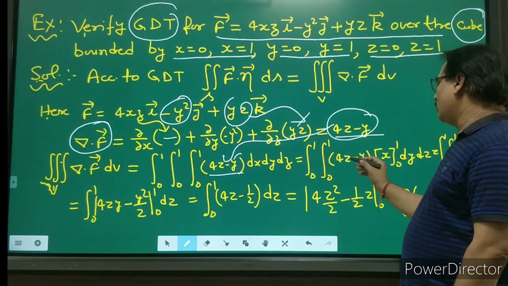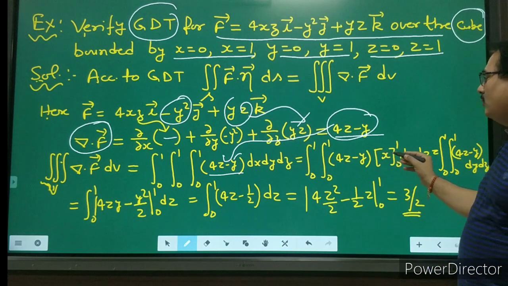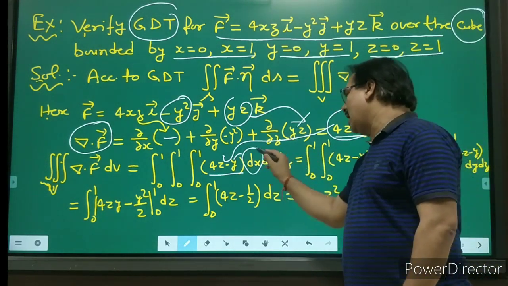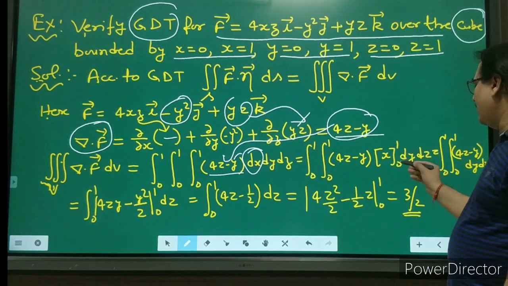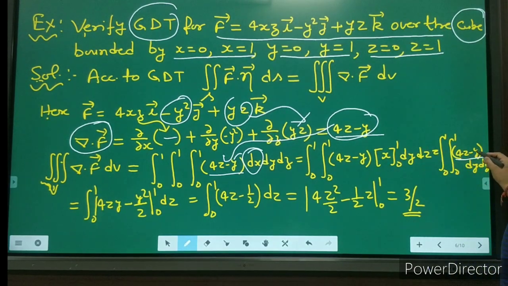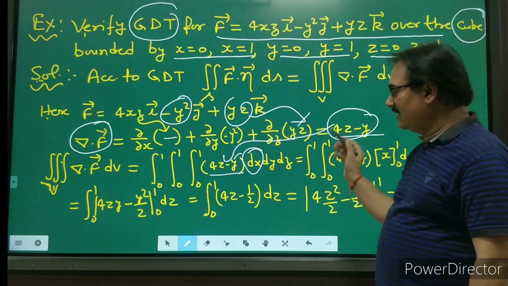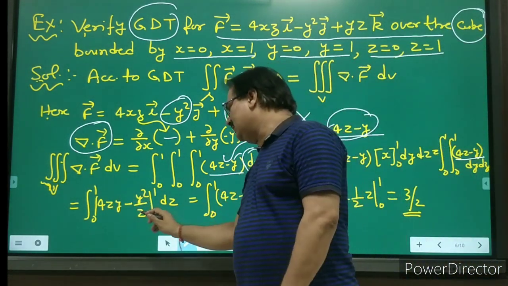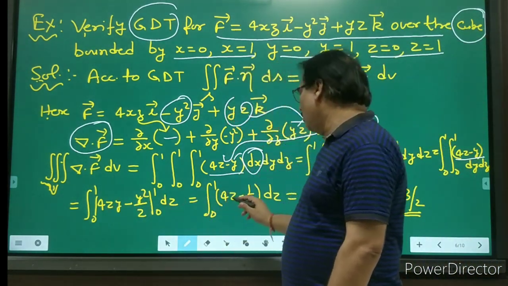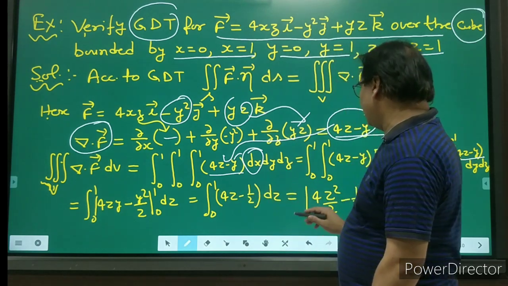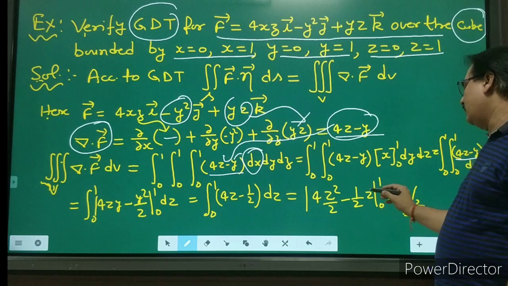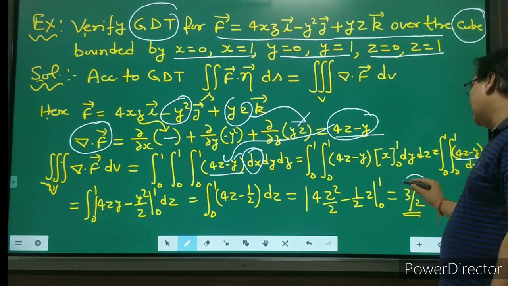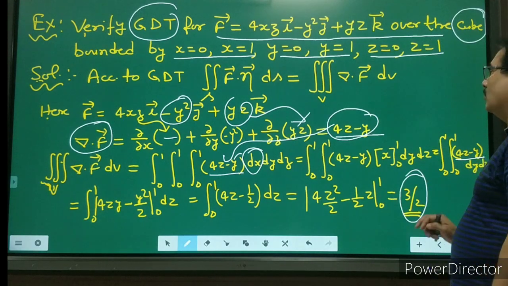With respect to x, from 0 to 1, 1 minus 0 is 1, so there is no change, and we have 4z minus y dy over dz. Now with respect to y you will integrate, and after putting in the values you will get 4z minus half dz. Then after integrating again you will get 4z square by 2 minus half minus z by 2 from 0 to 1, and the value you will get is 3 by 2.